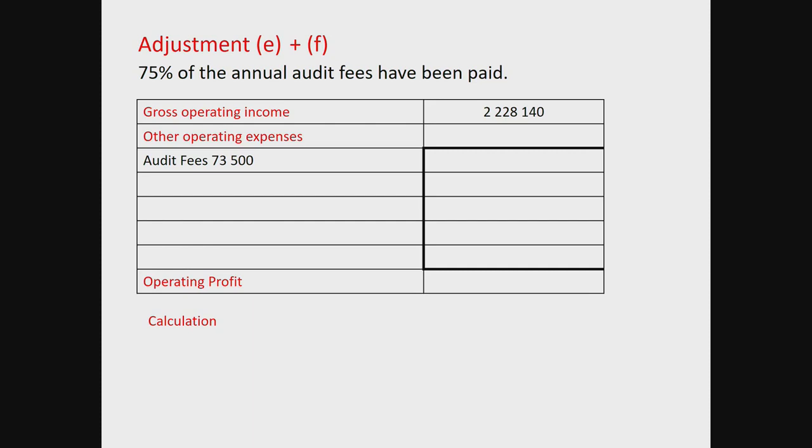So we need to make a calculation for audit fees. It says the audit fees are 73,500, and we want the 25, so it's 25 over 75. That gives me 24,500. That will be the accrued expense amount.